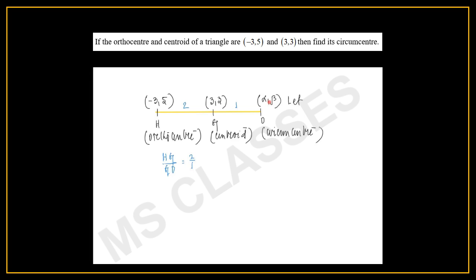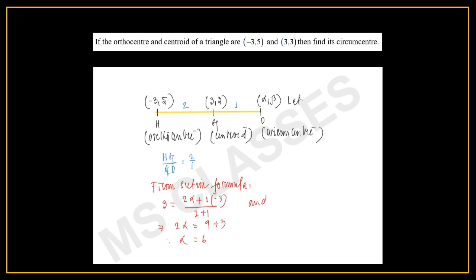So from section formula, we can write that 3 equals 2 alpha plus 1 into -3 by 2 plus 1. Now this simplification gives us that 2 alpha equals 9 plus 3, and therefore alpha equals 6.